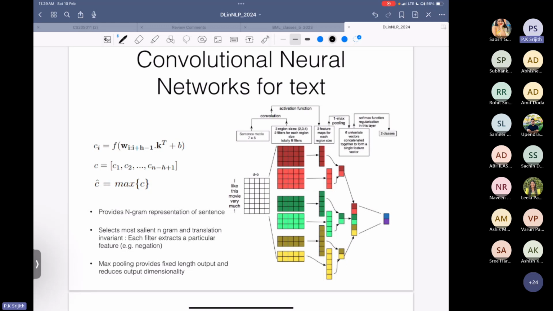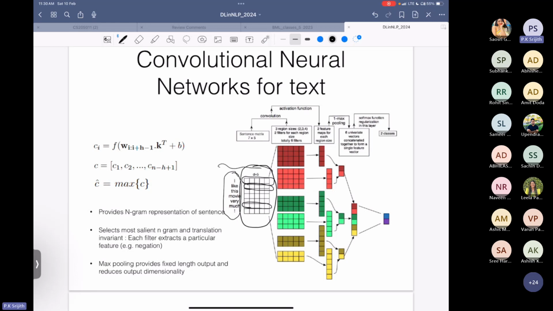For example, if I have a sentence like, I like this movie very much, I can consider a vector representation for each of those words in the sentence. In this example, I'm considering a 5-dimensional vector representation for the first word I, a 5-dimensional vector representation for the second word like, etc., up to a 5-dimensional vector representation for much. By arranging them one after the other, I will end up getting a matrix representation for the sentence.